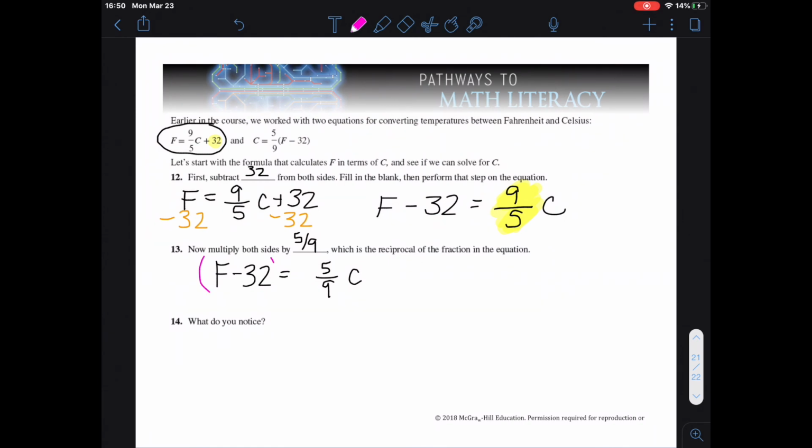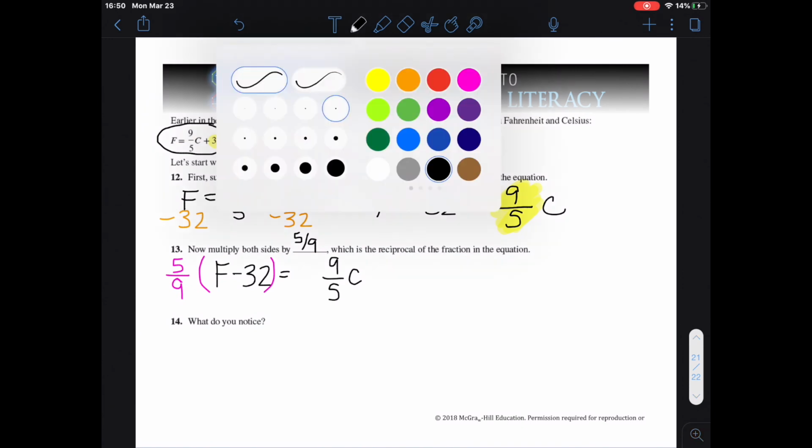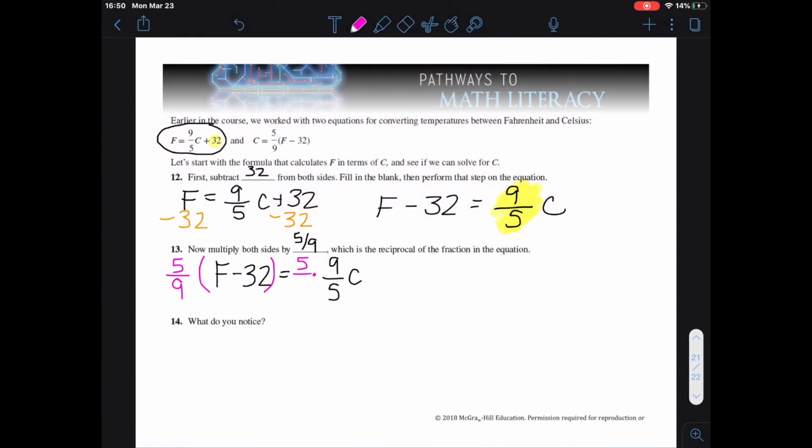I have to multiply this entire expression by 5/9, and I want to multiply this side by 5/9 as well. So what happens is the 5's cancel and the 9's cancel as well. So all you're left with is a C. And you get 5/9 times (F minus 32) is exactly equal to C.